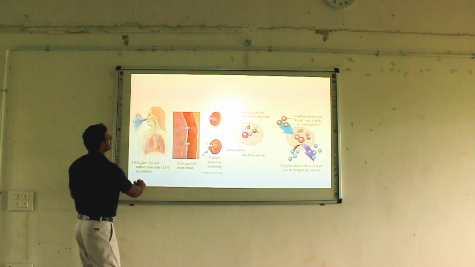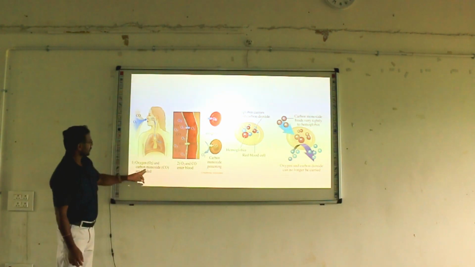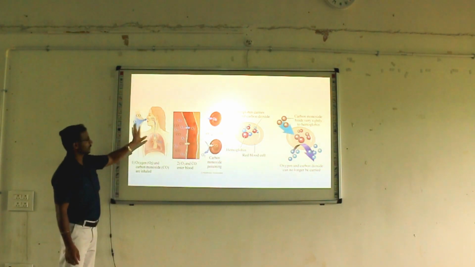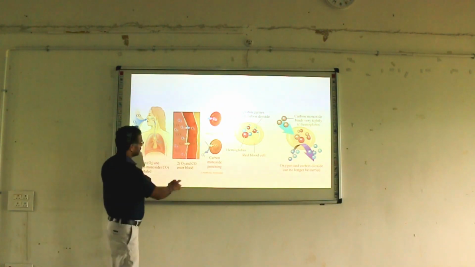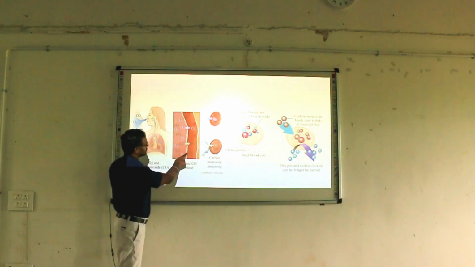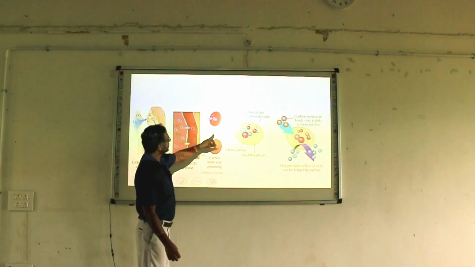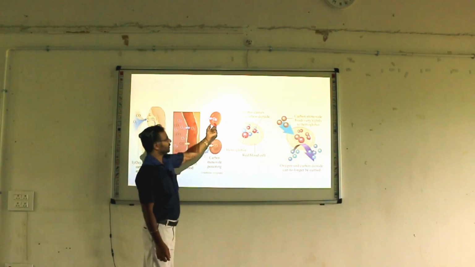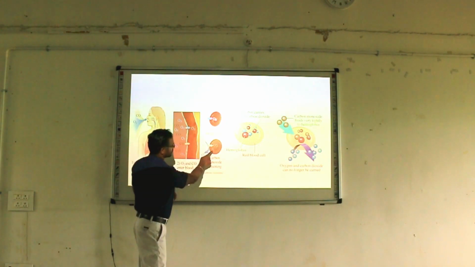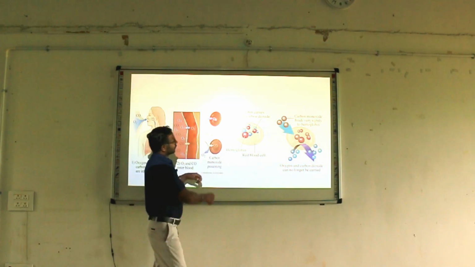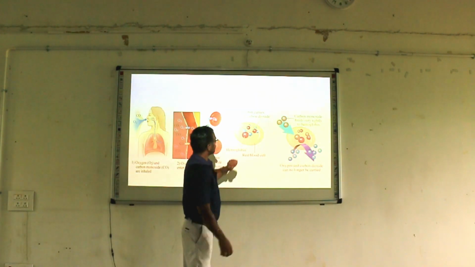Here we can see oxygen and carbon monoxide being inhaled by a human. The oxygen and carbon monoxide enter the blood system. The normal oxygenated blood cell looks like this, then the carbon monoxide poisoned blood cell. Then hemoglobin carries oxygen and carbon dioxide.